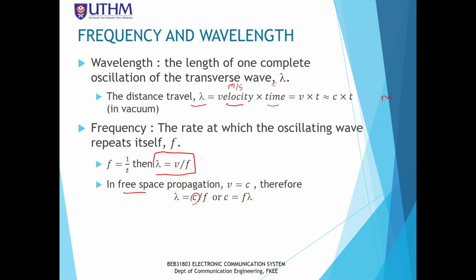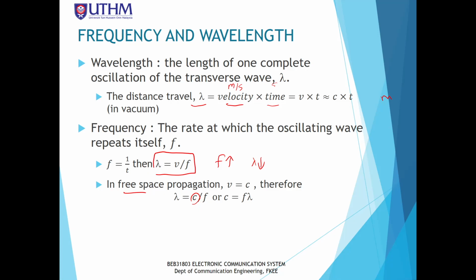If you see from here, the higher the frequency that you use, the smaller the lambda. Lagi besar frekuensi, lagi kecil nilai panjang gelombang. That means at high frequency, the wave can travel only a short distance in one complete cycle.